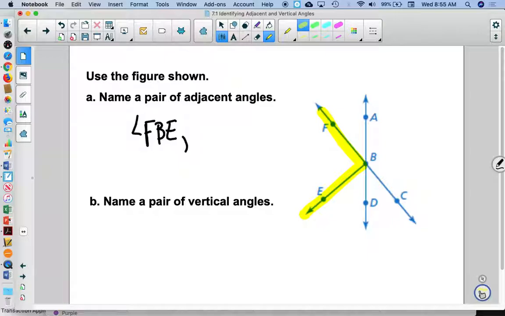So AB, where's the side they share? ABF, good. Notice the symbol that I'm using so that I don't have to write out the word angle.